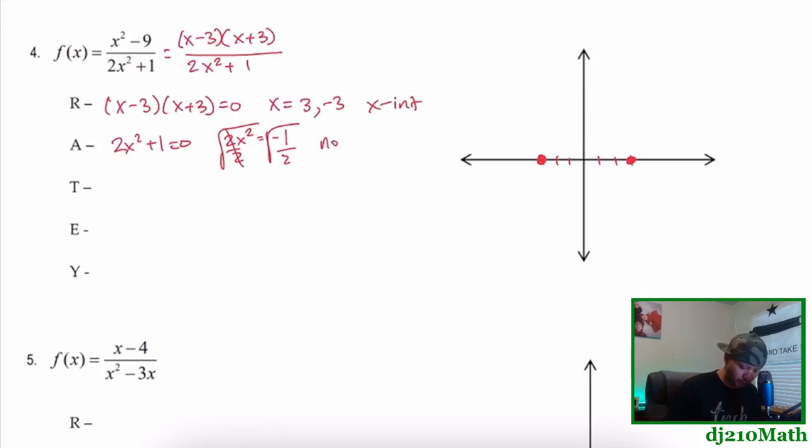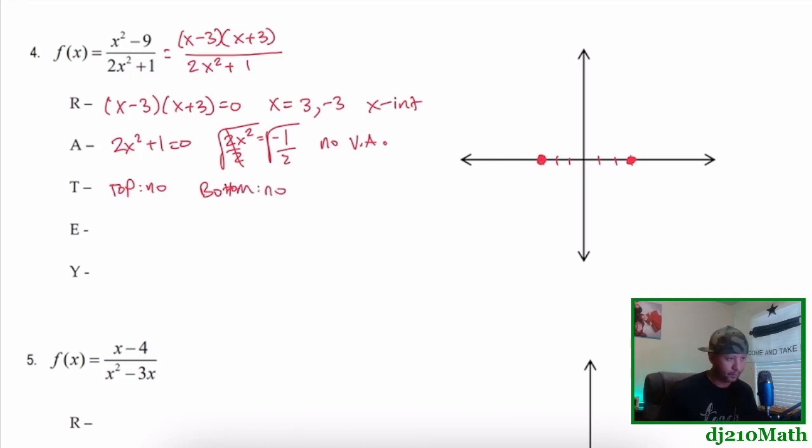So there are no vertical asymptotes. Okay, so this is looking kind of crazy already. Is there a square factor in the top or the bottom? Nope. Nope.